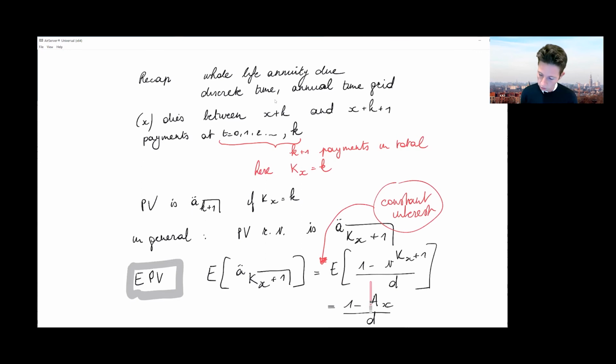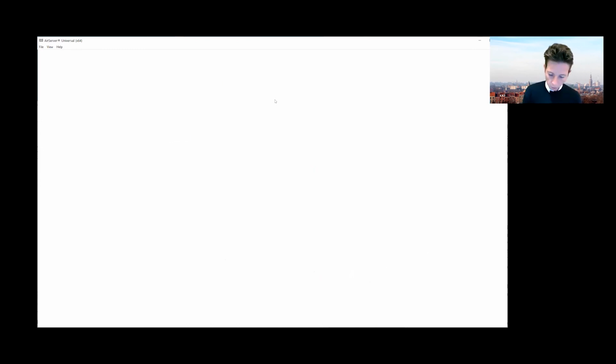At the point where we use that, so that's over here, we're really relying on our assumption of constant interest. Yeah? So be aware of that. We also discussed an alternative approach to put together the EPV if you want to go beyond this assumption of constant interest. And that was using the so-called indicator approach.